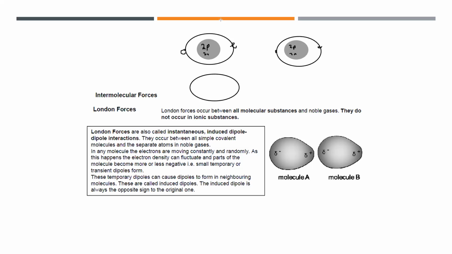So the nucleus is slightly moved from the center and the electrons are shifted towards one side. This distortion is created when the molecules collide.